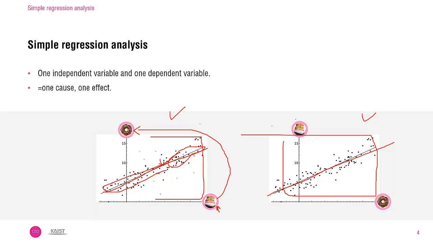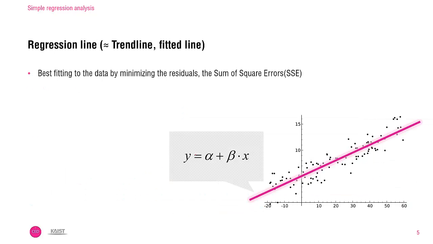Then let's get the equation of this regression line. In Excel, it is called a trend line, and in some documents, it is also called a fitted line. A regression line is fitting to the data by minimizing the residuals.